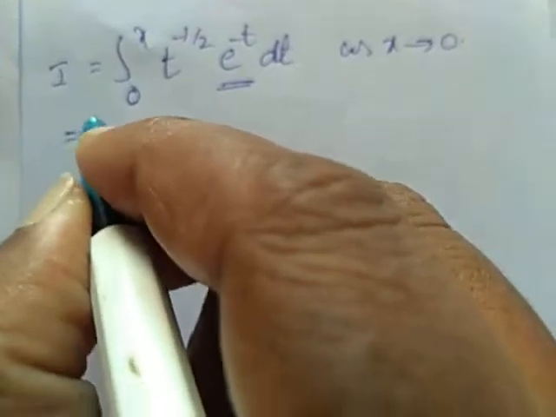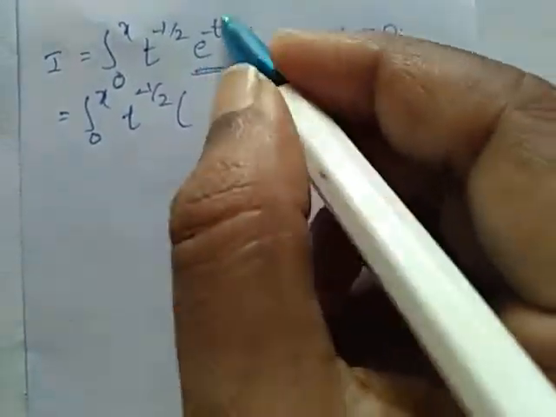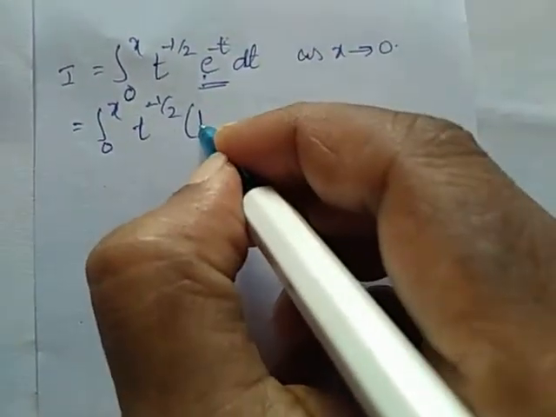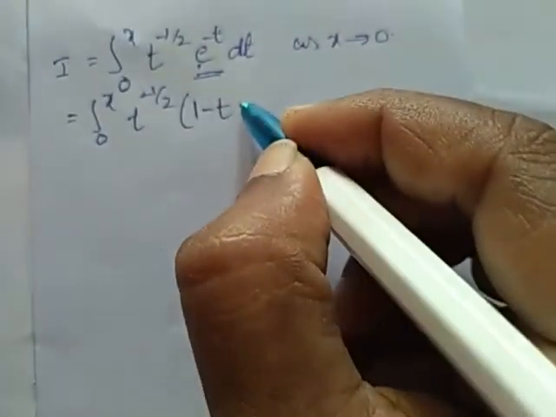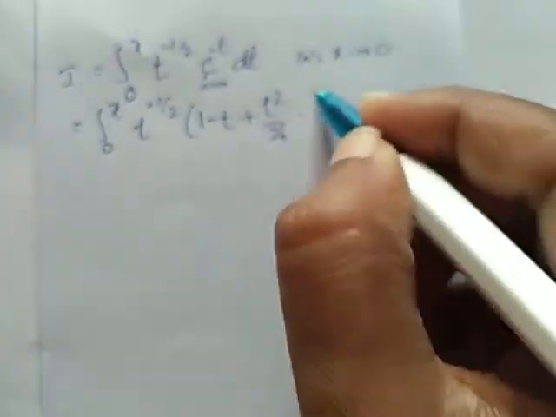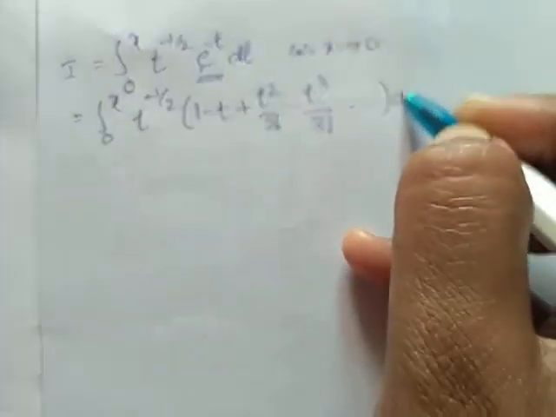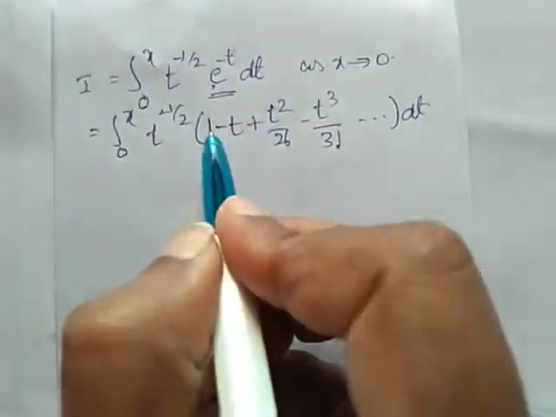What is our expansion for e power x? t power minus 1 by 2 remains as it is. Expansion for e power x is 1 plus x, where x is minus t, plus t square by 2 minus t cube by 3 factorial, etc., into dt. So I will multiply inside.